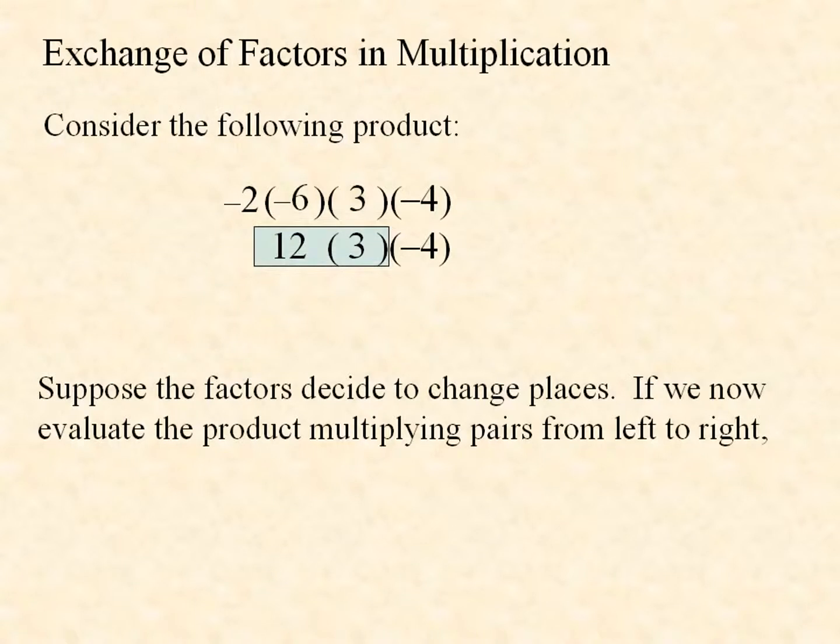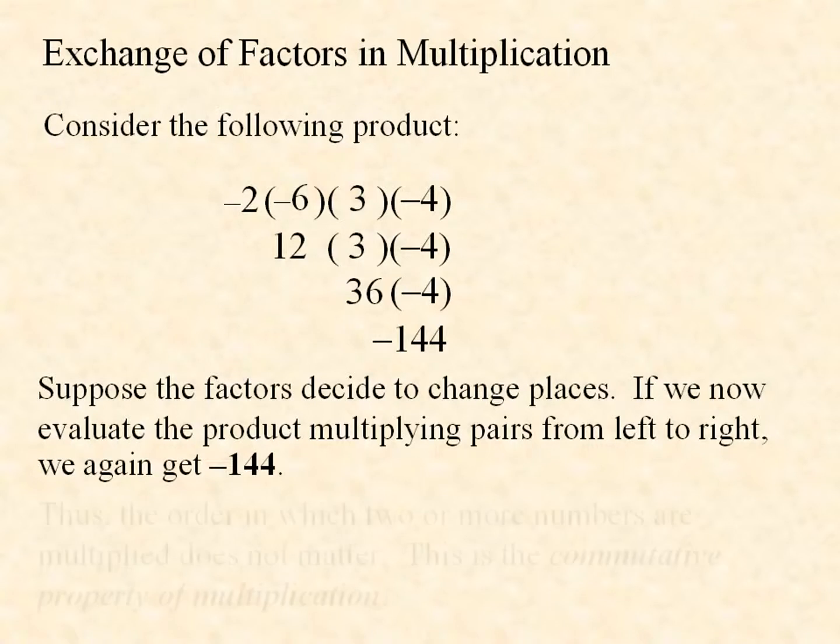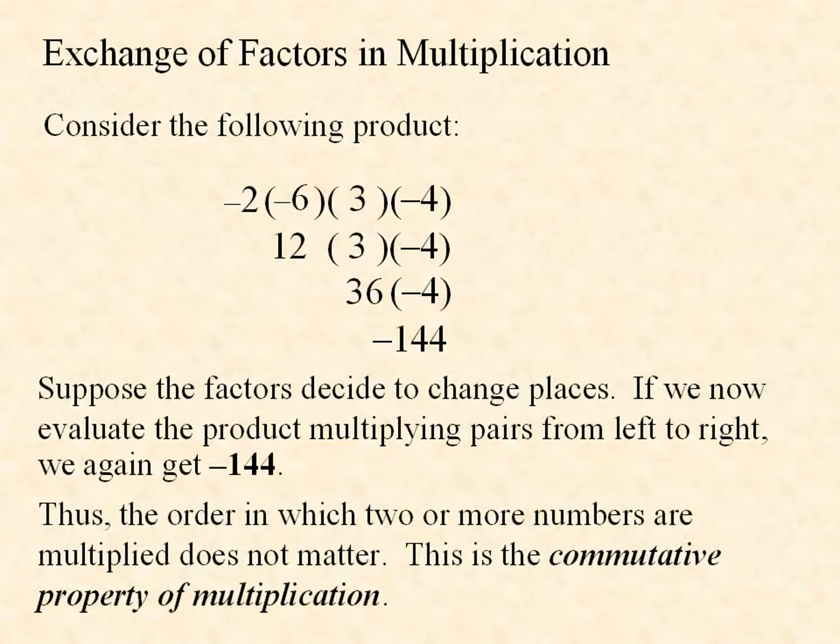Twelve times 3 is 36. And 36 times negative 4 is negative 144. So we again get negative 144. So the order in which two or more numbers are multiplied does not matter. This is the commutative property of multiplication.